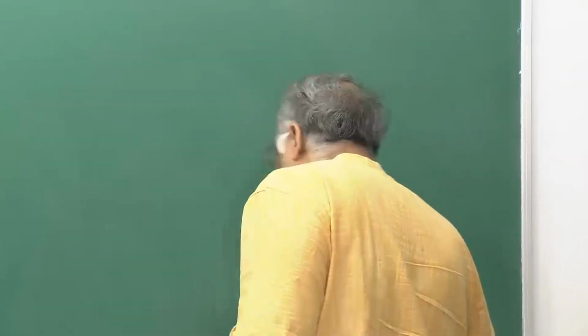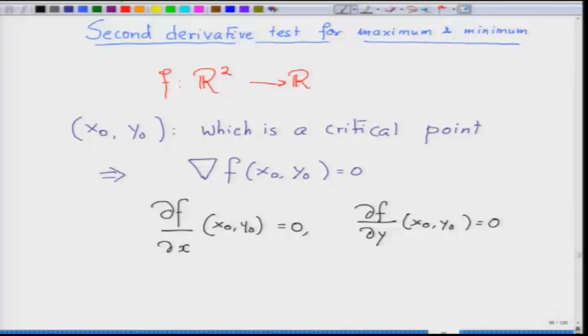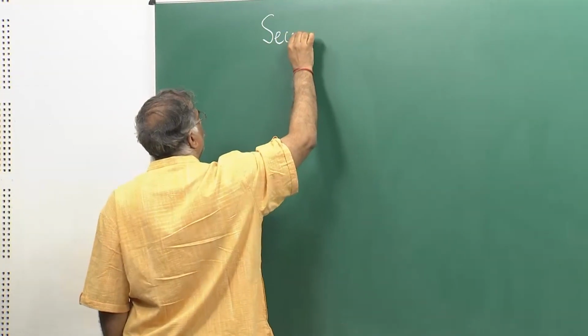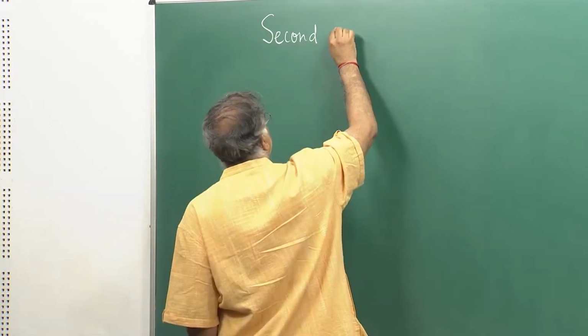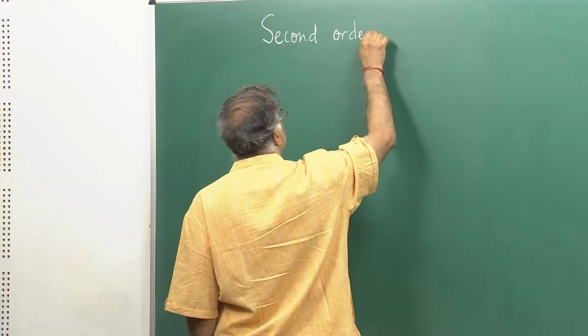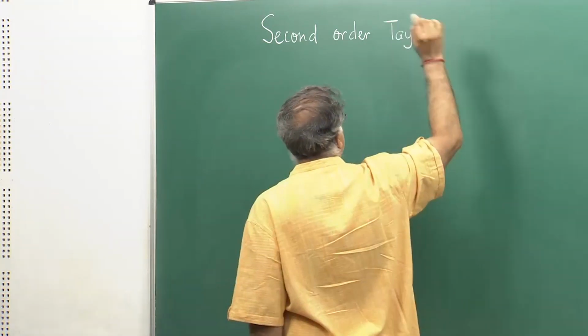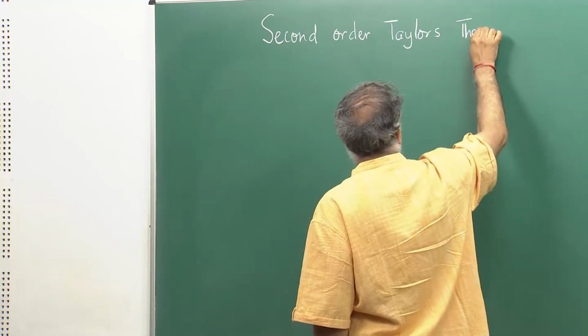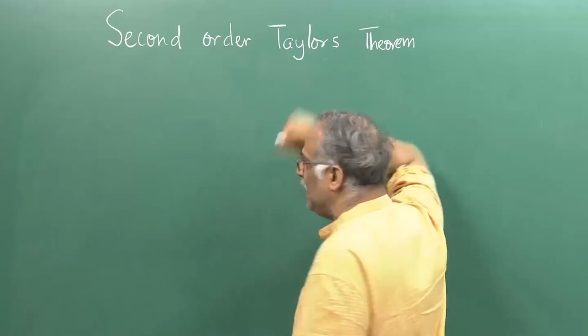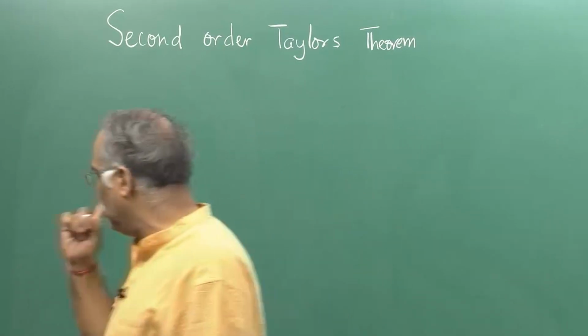how do I think of moving ahead? The way to move forward is the following. First, knowing that del f del x at x naught y naught is 0 and del f del y at x naught y naught is 0, let us write down the second order Taylor's theorem. Here any term with del f del x and del f del y at x naught y naught will not appear.